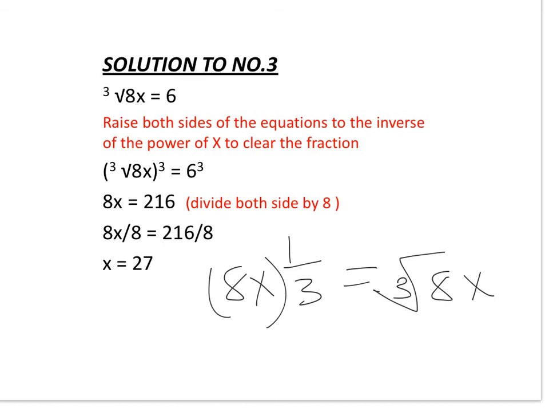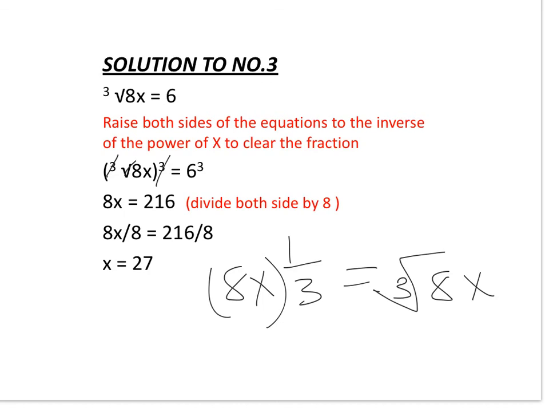So you raise both sides of the equation to the power of 3. So you have cube root of 8x, bracket raised to power 3, so that this 3 will cancel out this 3, together with this root, equal to 6 raised to power 3. 6 raised to power 3 is equal to 216.